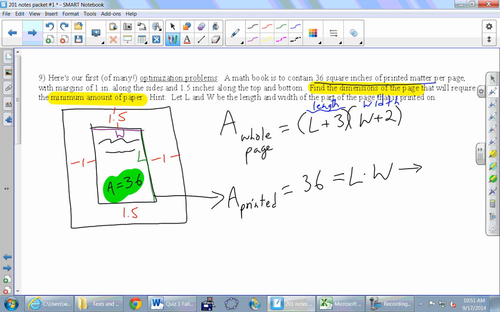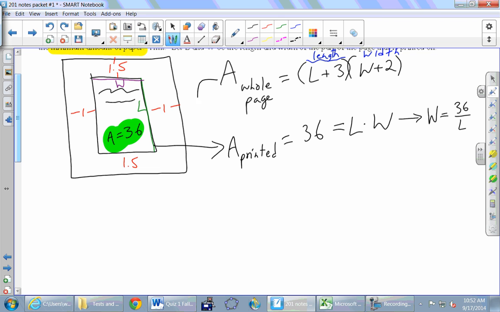Okay, it makes no difference which one you solve for. I actually did this beforehand, and I'm going to save us a little bit of time on some calculations. I solved for W. So W is equal to 36 over L. And so then our whole page formula becomes, so we're just copying it as it is with all those parentheses, but the single W is about to get replaced.